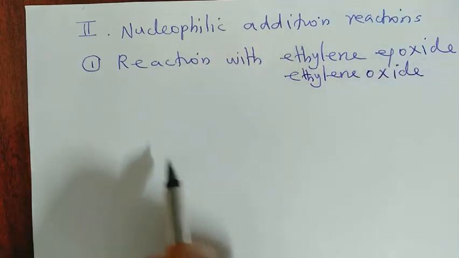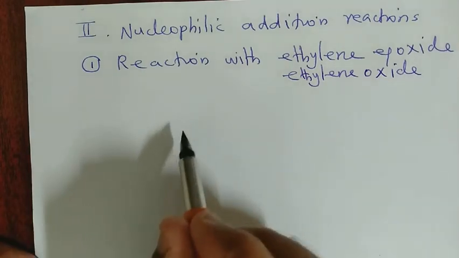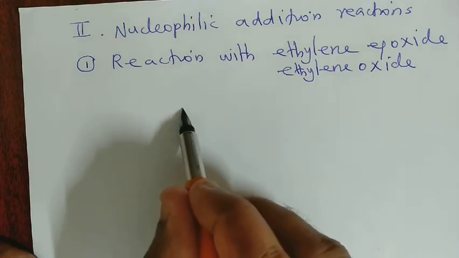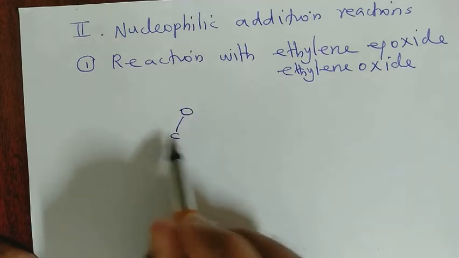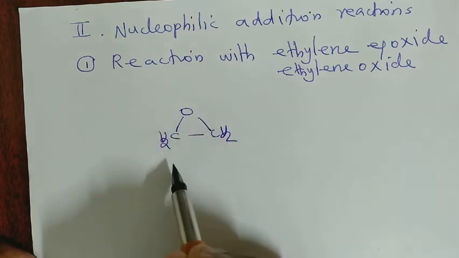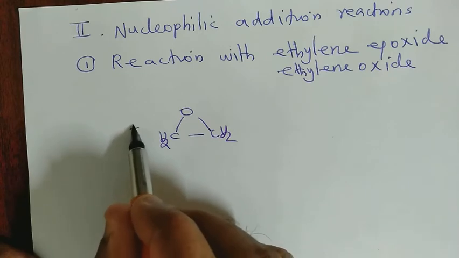Its IUPAC name is epoxyethane. This compound is called ethylene epoxide or ethylene oxide or epoxyethane.